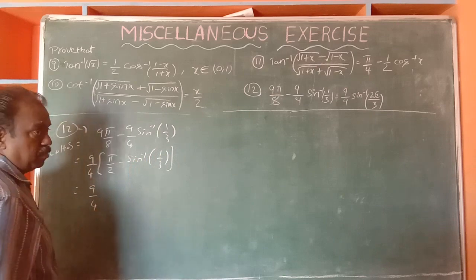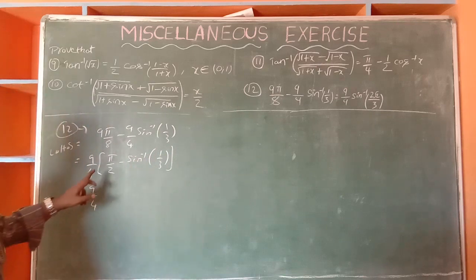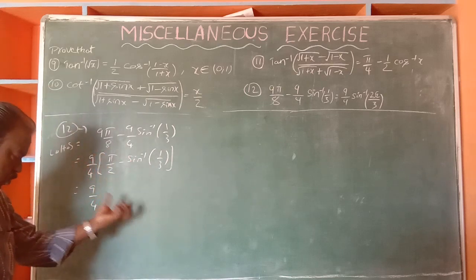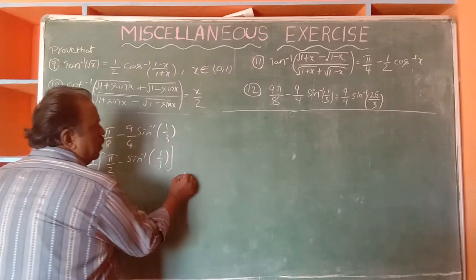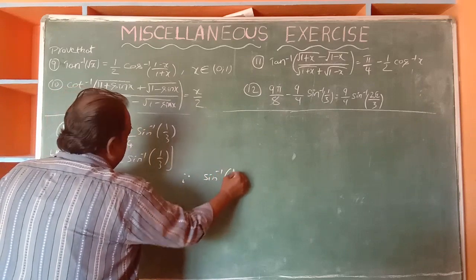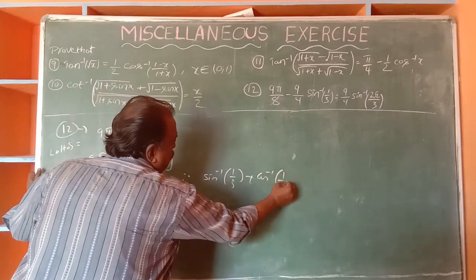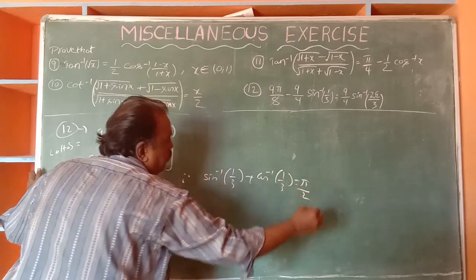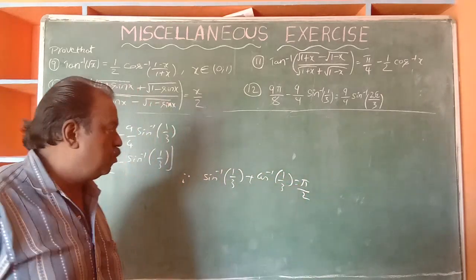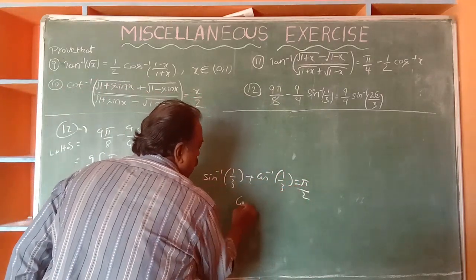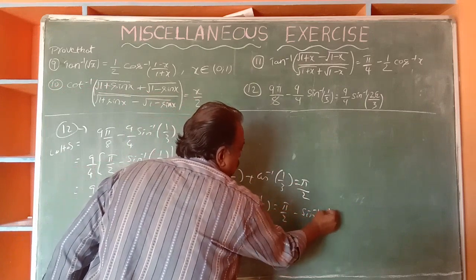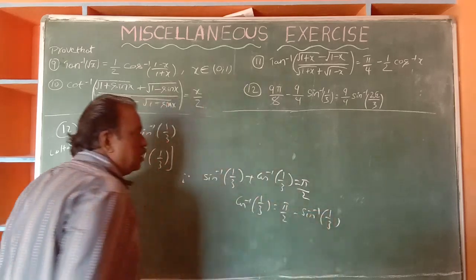Now, 9/4. You see here π/2 minus sin⁻¹. How can we reduce? A fantastic concept is that we know sin⁻¹(1/3) + cos⁻¹(1/3) is equal to π/2. That property is there: sin⁻¹x + cos⁻¹x = π/2. So cos⁻¹(1/3) is nothing but π/2 minus sin⁻¹(1/3). Will you agree?